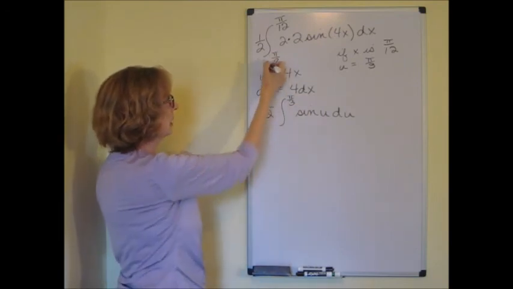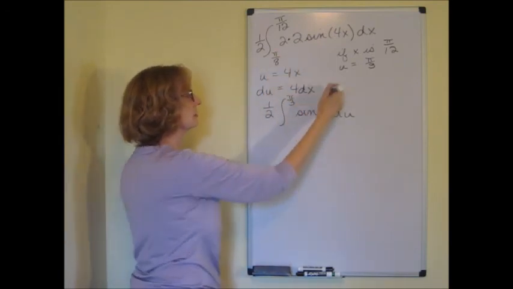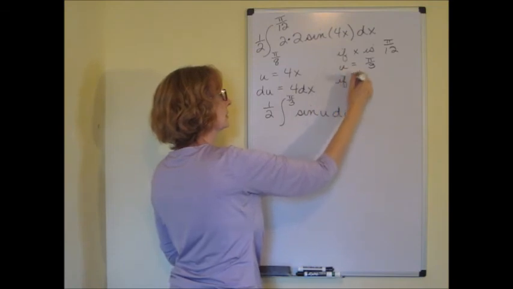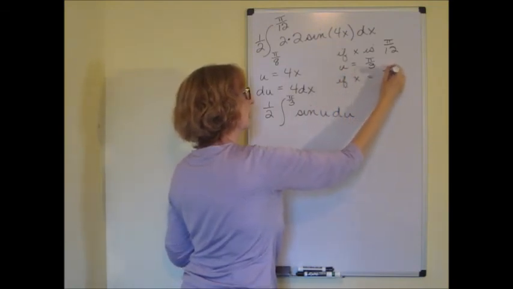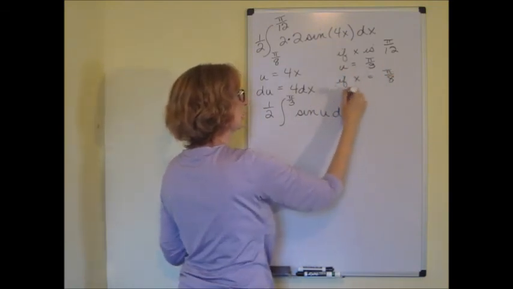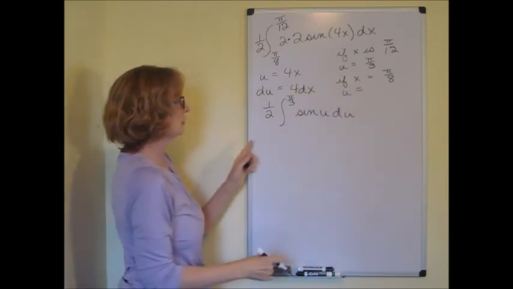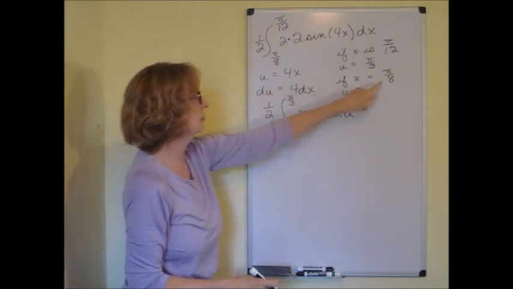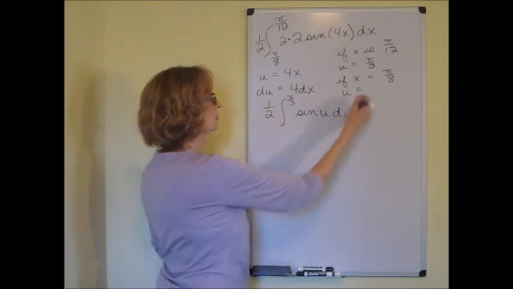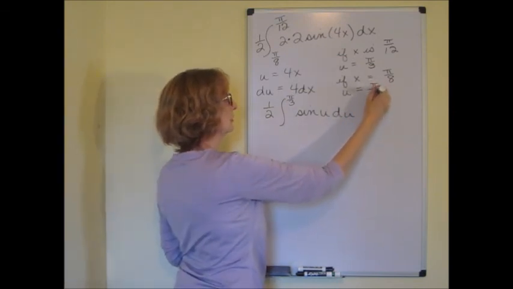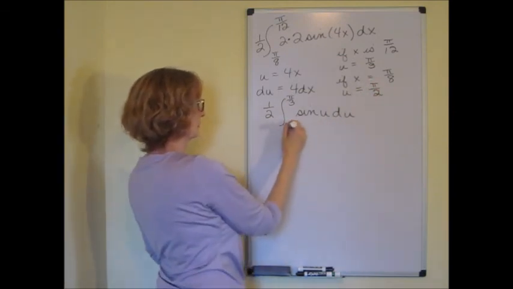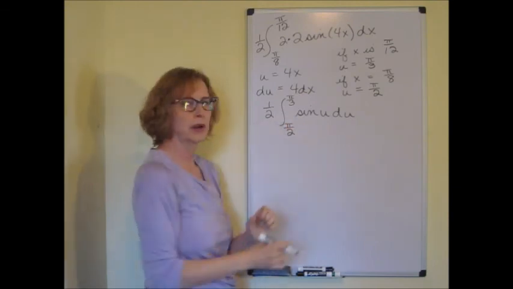If I look at the pi over 8 for my x, if x is pi over 8, let's see what u is. U would be 4 times pi over 8, which will give me pi over 2. And now we're ready to go.